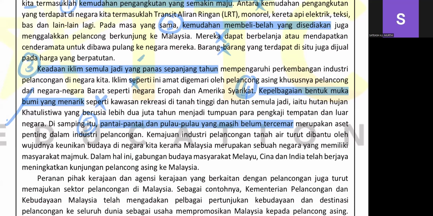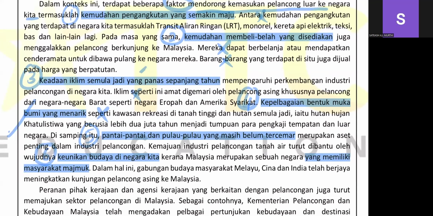No, this one is actually saying we can improve our sektor pelancongan is because of keunikan budaya di negara kita, which has masyarakat majmuk, different types of race. So, this is number 6. Write the number. Later, I will write the full answer with you. If you don't tell me, then we write for rumusan.